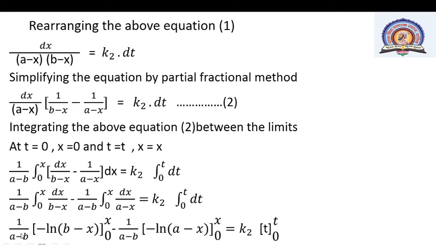Then further step: 1 upon a minus b, in bracket minus ln b minus x bracket complete, 0 is the lower limit and x is the upper limit, minus 1 upon a minus b, in bracket minus ln in bracket a minus x bracket complete, in square bracket 0 to x, 0 is the lower limit and x is the upper limit, is equal to k2 into t, 0 to t, 0 is lower limit and t is the upper limit.